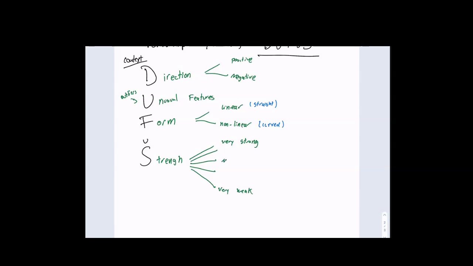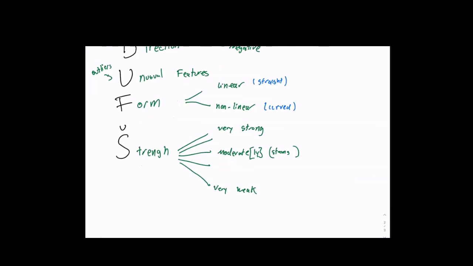Right in the middle, we call it a moderate relationship. Typically, we say moderately strong, but if you just say moderate, there's a moderate strength.